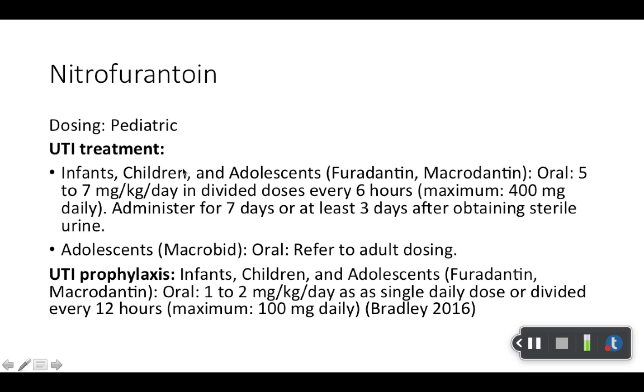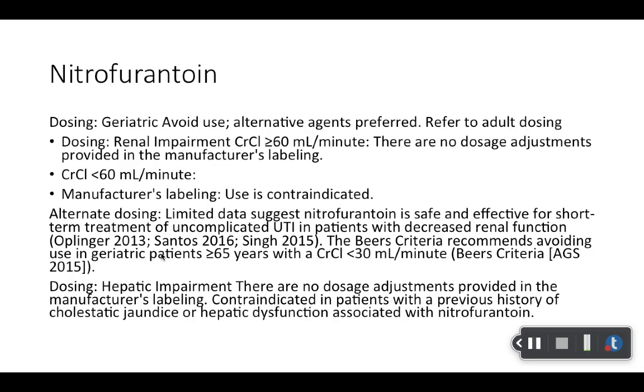It specifically needs to be avoided in the elderly with a creatinine clearance less than 60 mL per minute, and it has the potential for pulmonary toxicity. So basically, it's recommended to be avoided in the elderly population. But it could be something that you could prescribe for a younger woman who has a UTI. And then here's just some more dosing.